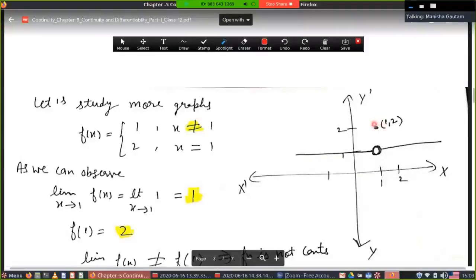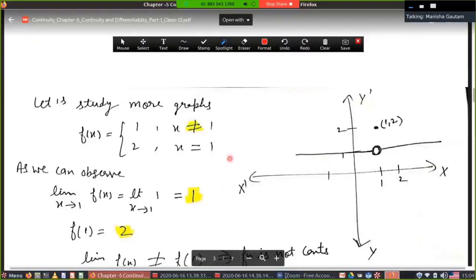This is the value when x is 1, then y is 2. It means here is a break in between the graph. Because when the graph has a break in between, it means you can't plot the graph without lifting the pen. Up to this you can plot, but again you have to lift and then plot the graph further. It means the function is not continuous at x is equal to 1.